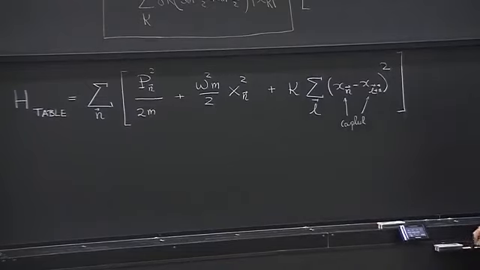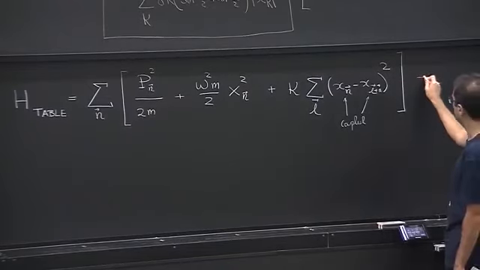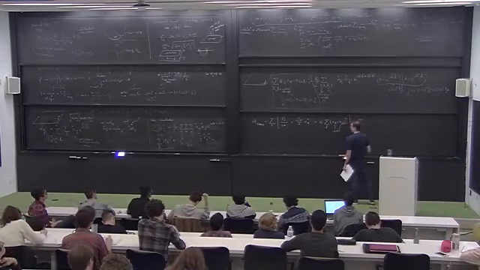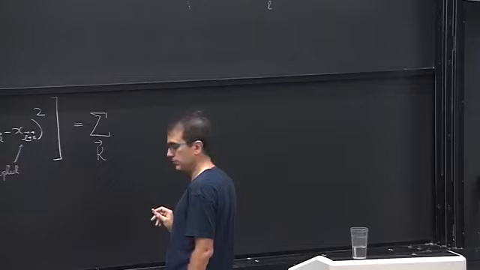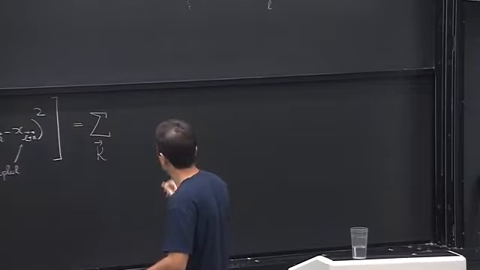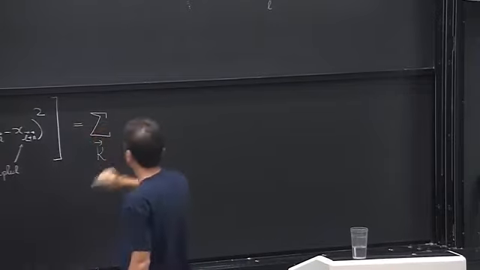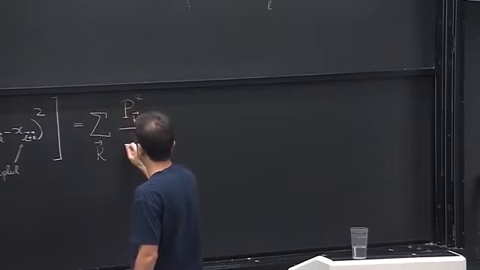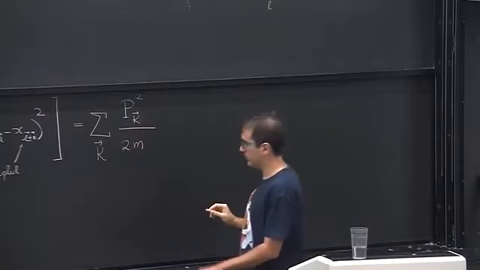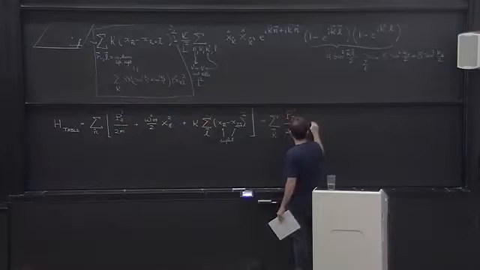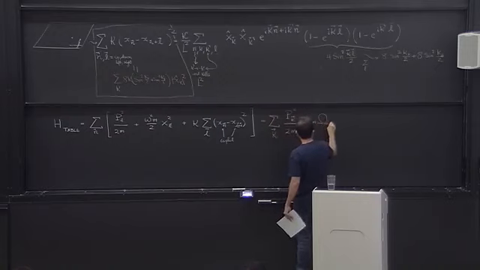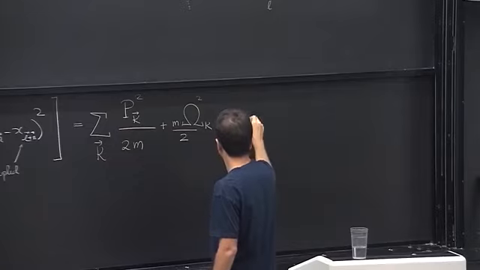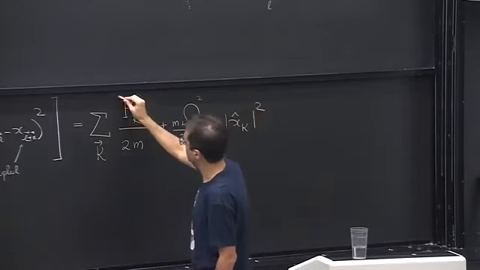And going to Fourier was very nice because it totally decoupled all the modes. Therefore in Fourier it's much nicer, it's just a sum over the Fourier modes of p_k square, because it's a nice rotation, plus m omega k square over 2 times the absolute value of x_k square.